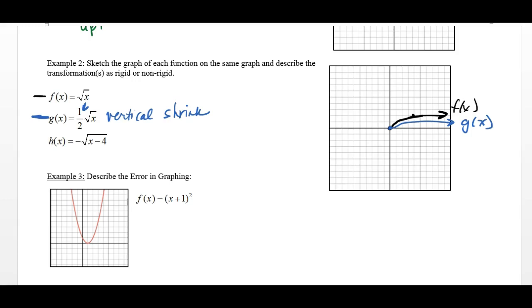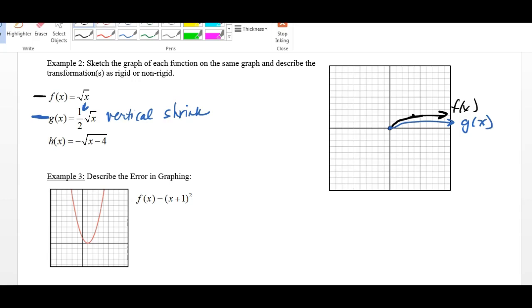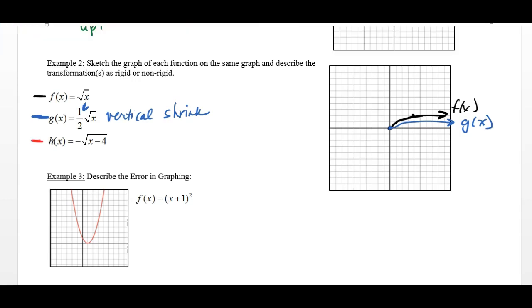Okay, f of x in black, g of x in blue, and let's do h of x in red. So let's look at our equation. This negative out here is on the outside, so this is a reflection over x. The minus 4 means I'm going to move it right 4 units.